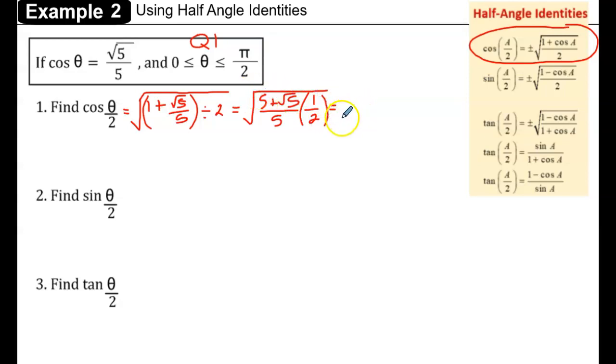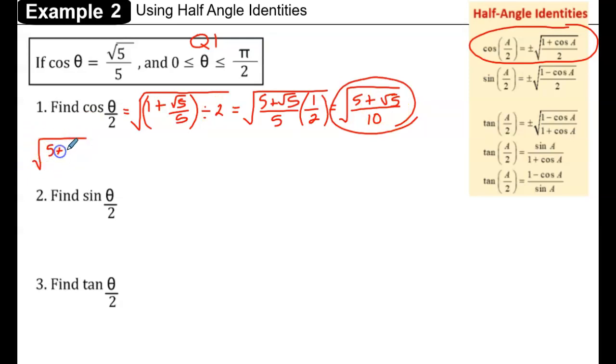So we have the square root of 5 plus the square root of 5 in the numerator, all divided by 10 in the denominator. If you don't rationalize the denominator, that would be your solution to the cosine of theta over 2, the half angle. If you do rationalize the denominator, that would add one more step.